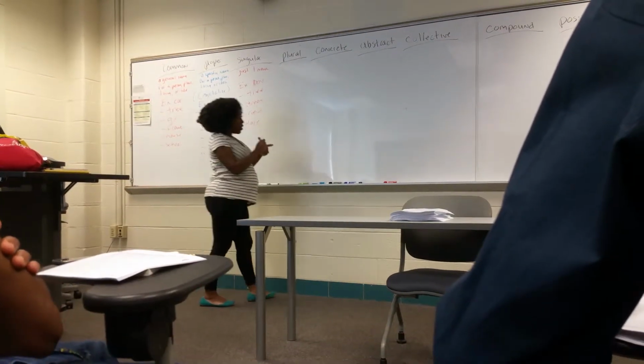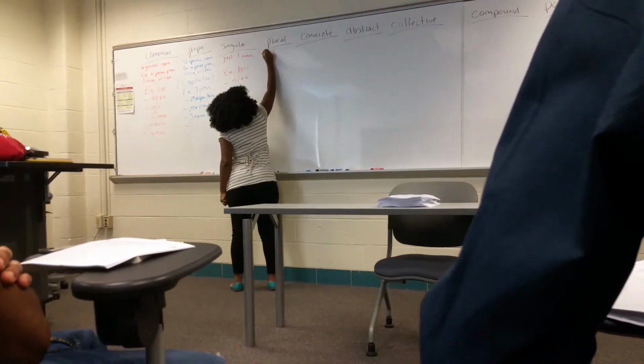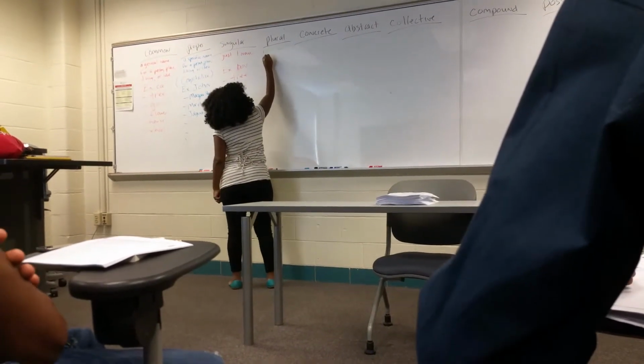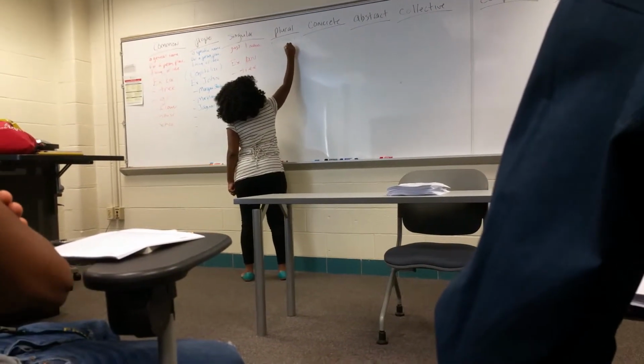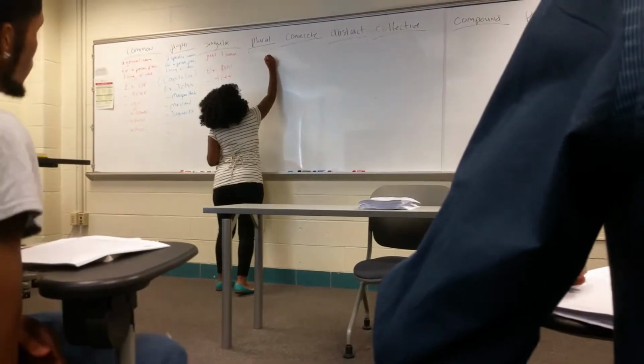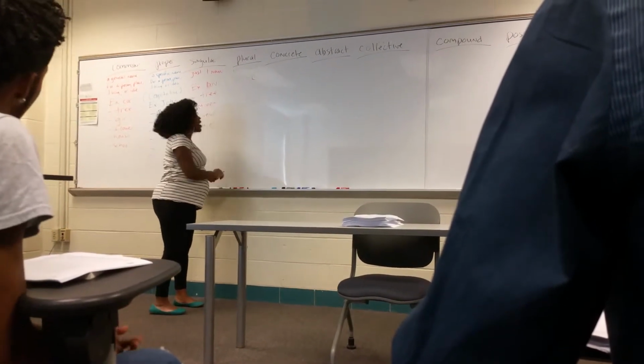Okay? A plural noun is the opposite. A plural noun means it's more than one. For example, boys. Notice how for plural you're going to add that S or the ES on the end. Okay?